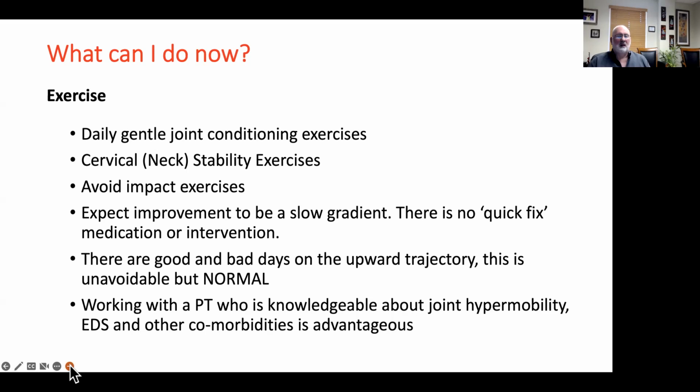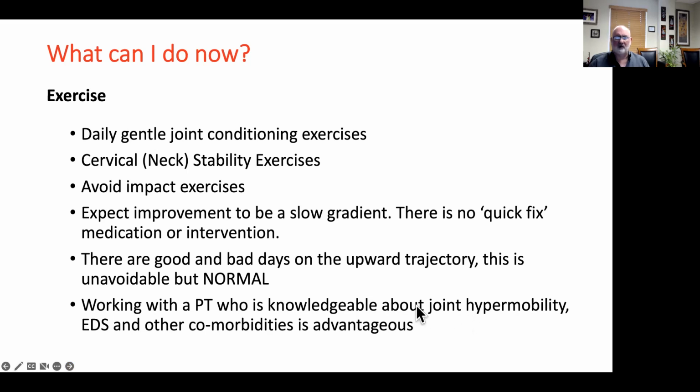So physical therapy is very important for people who have POTS and EDS. They have to make sure that their physical therapy is done either sitting or lying down, because if you try to do it upright, you're not going to last very long, and you're not going to be successful at getting all your joints in a better place.